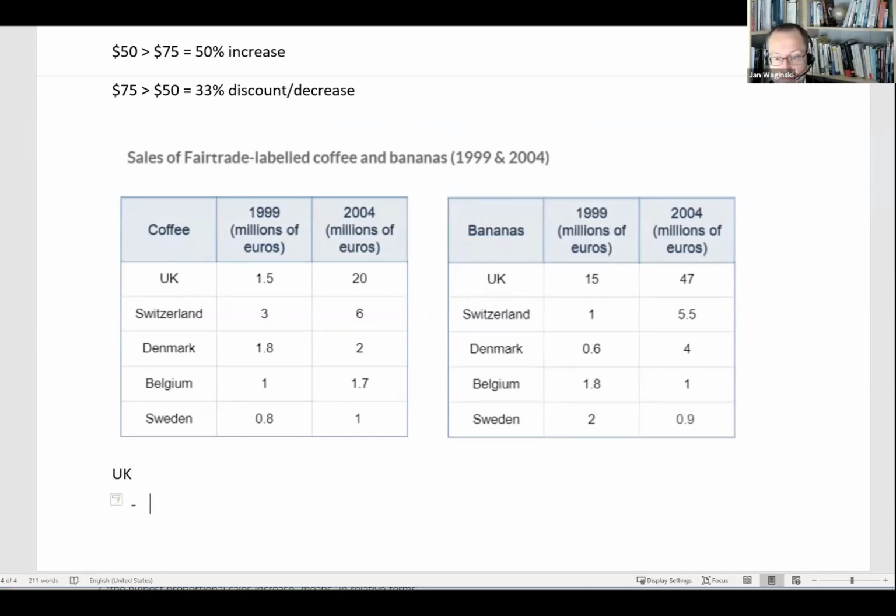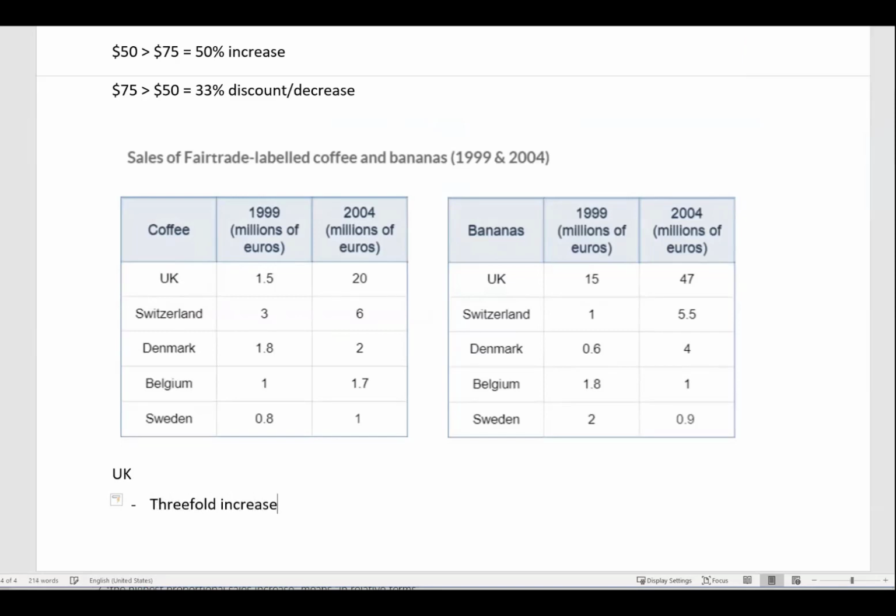What percentage would that be? And by the way, that is great terminology. A threefold increase, a twofold, fourfold, fivefold, sixfold, sevenfold, eightfold increase. Super simple to remember. Sorry, what percentage? 300.